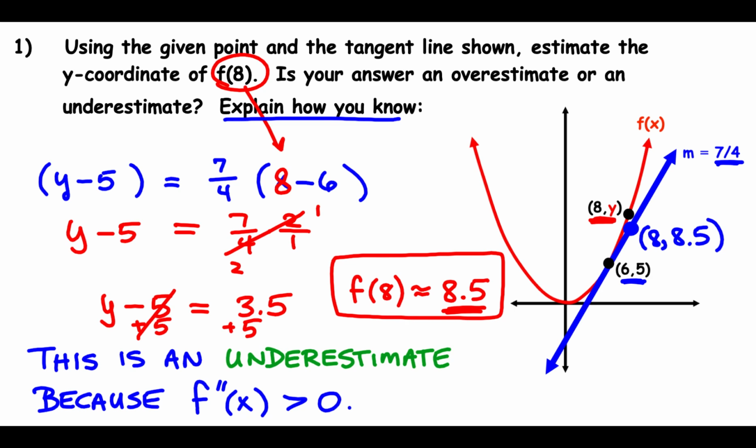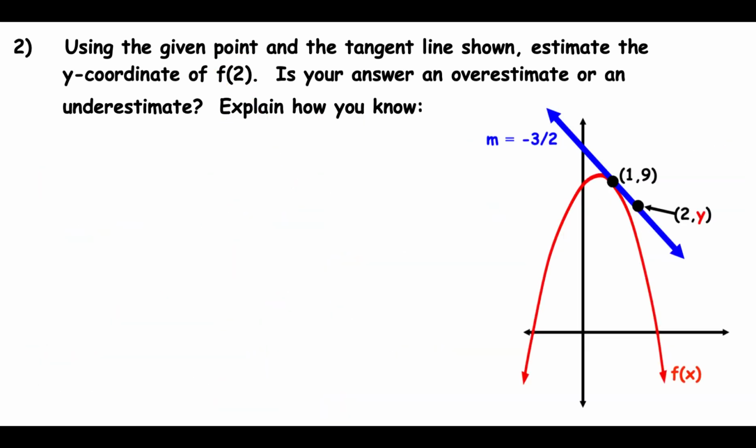Let's try a few more. This time we want the y-coordinate of f of 2, so (2, what)? Okay, here in number 2, we're looking for the y-coordinate here, (2, y) on the curve. We don't know what it is, so let's start with the tan line instead. So again, we'll use the point of tangency, which is the (1, 9) that you see right there.